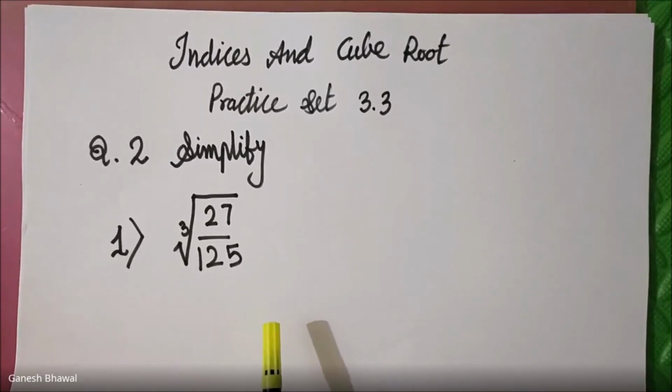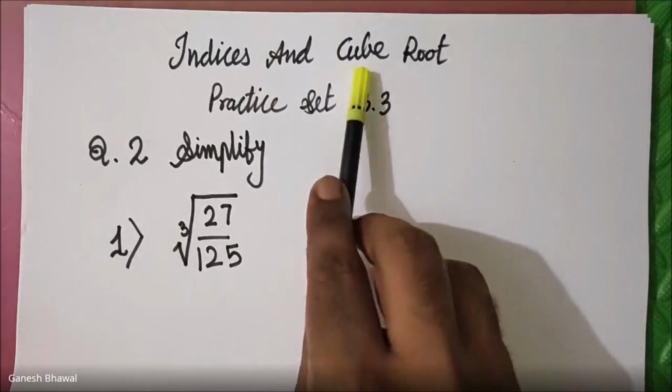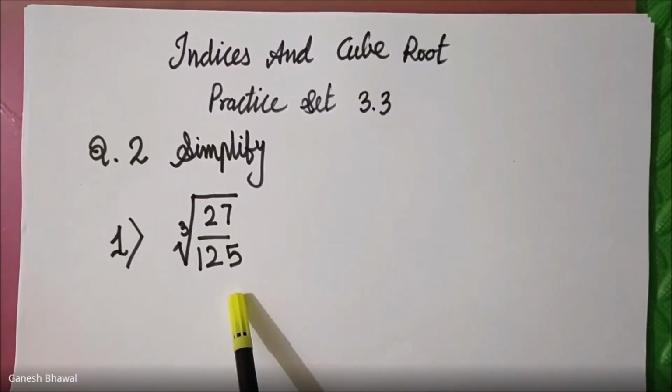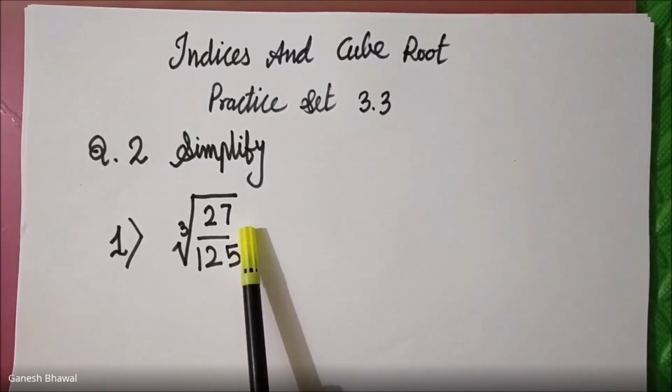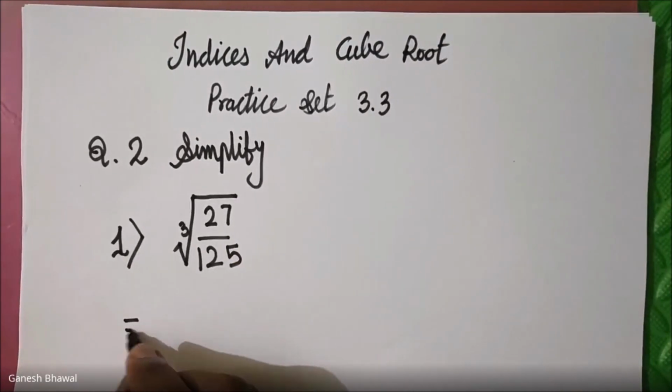In the last lecture, we have learned that to find cube root of any number, we need to find the factors first. We have learned the factorization method.